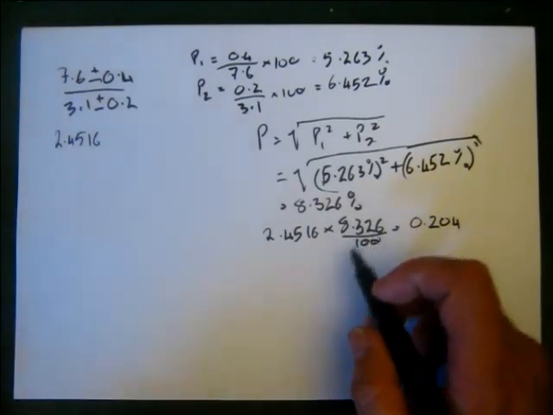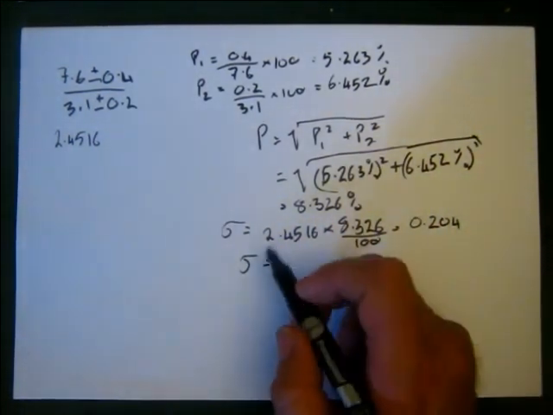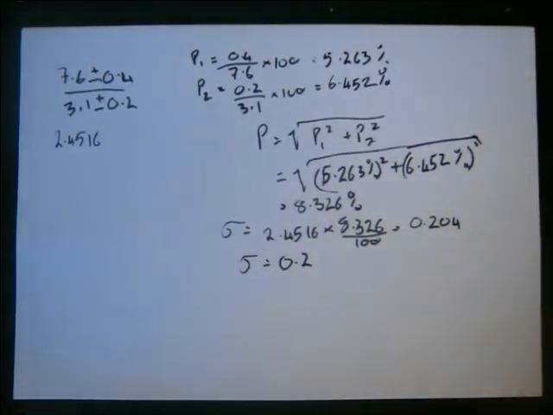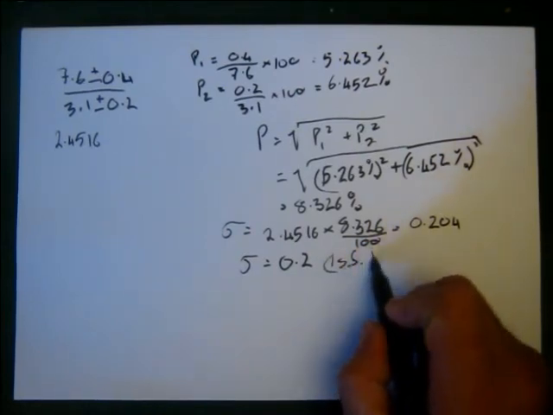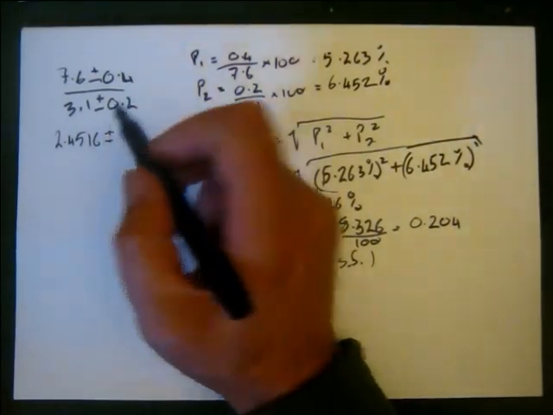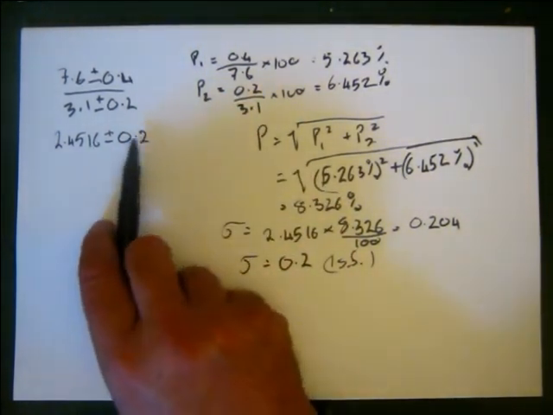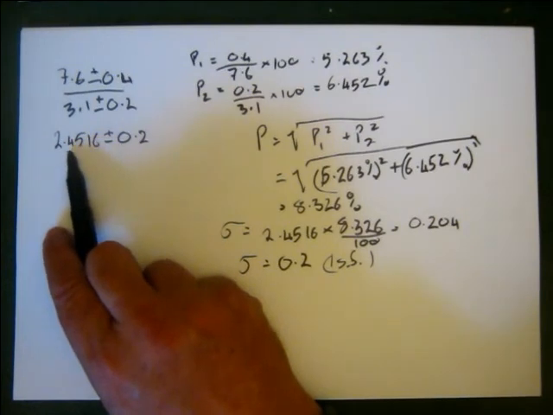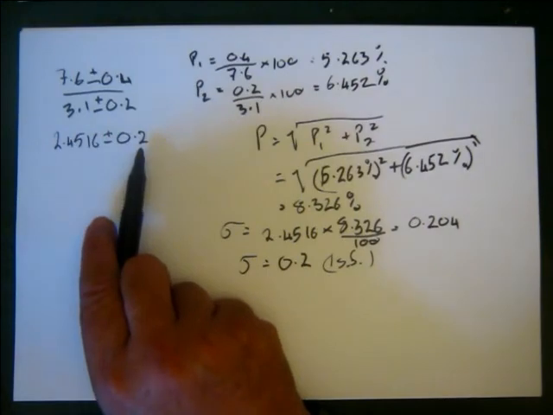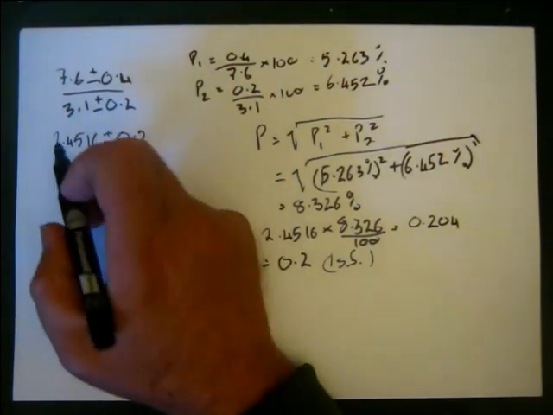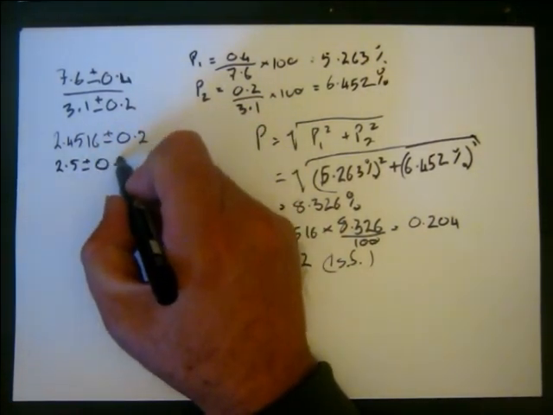Remember, we round this, so the uncertainty is going to equal 0.2 because we only do it to one significant figure. So it's going to be plus or minus 0.2. There's no point in giving this data to any more than one decimal place. You give this information to the same number of decimal places as your uncertainty. So that becomes 2.5 plus or minus 0.2.